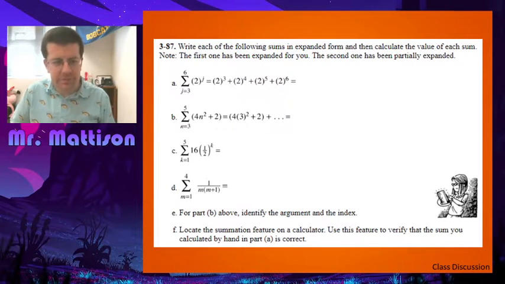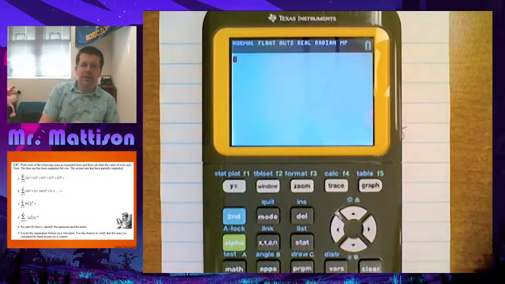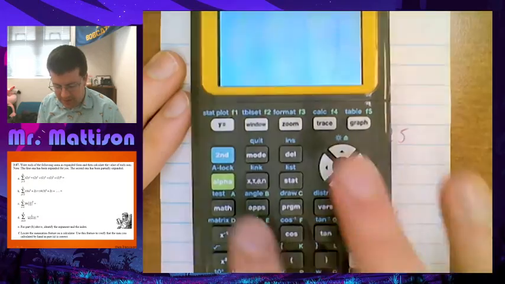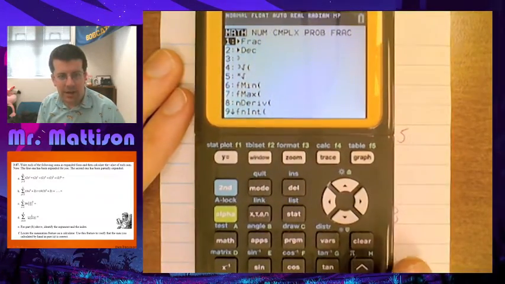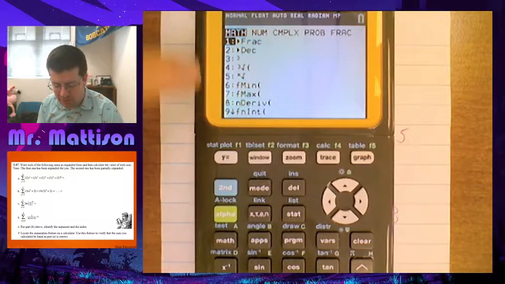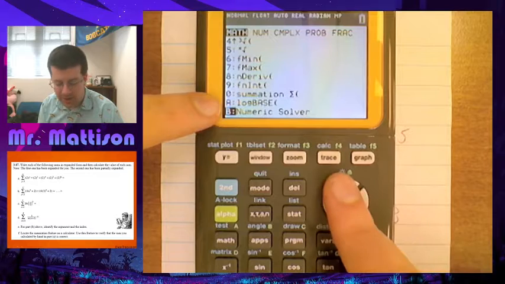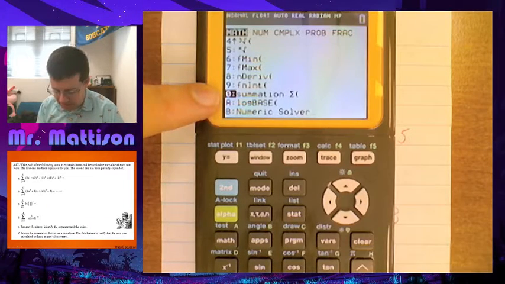So if I pull over this, our first one there, to get to our summation notation, we're going to go to the math button, which is over here underneath alpha, right? And then it's under the math menu, but it's really far down. So if you just hit up once, you'll jump down to the bottom and you can go up to summation, which is option 0 there. Hit enter.